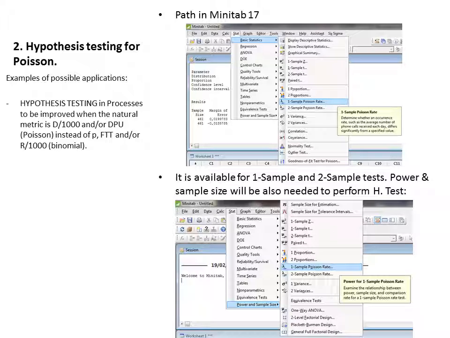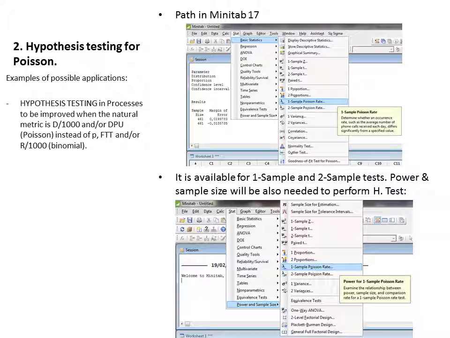The other tool is hypothesis testing for Poisson. When we use attribute variables that are OK, not OK, go, no go, or this kind of characteristics, then we use binomial, multinomial, or Poisson distribution.